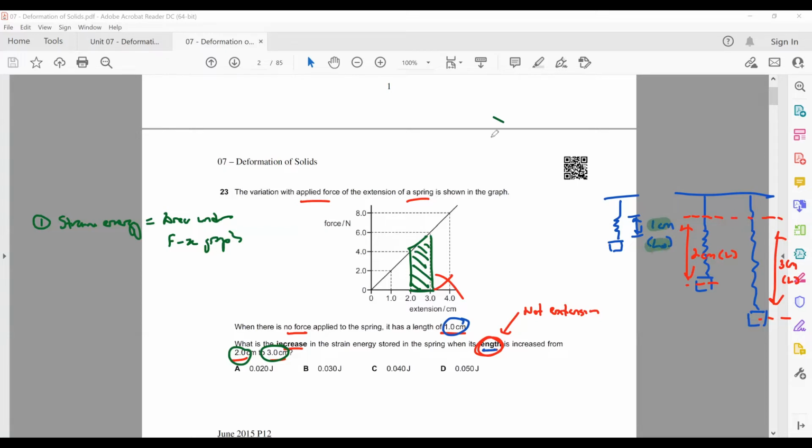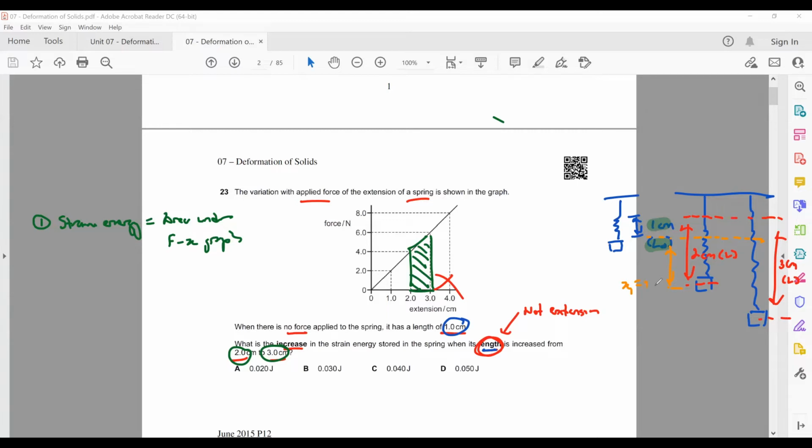So right now, what is your actual extension? I'm gonna draw it like this. It should actually be something like this. This one is x1.